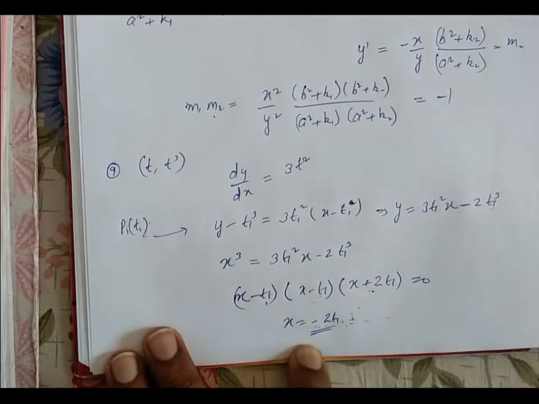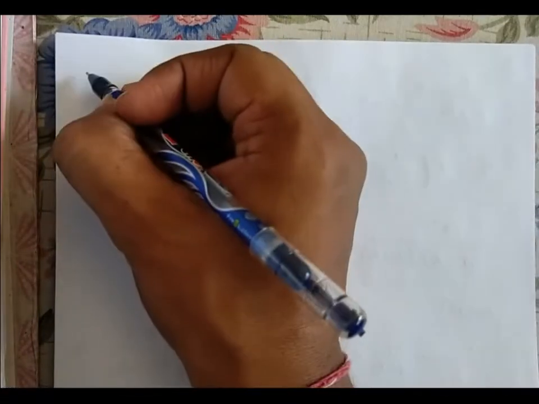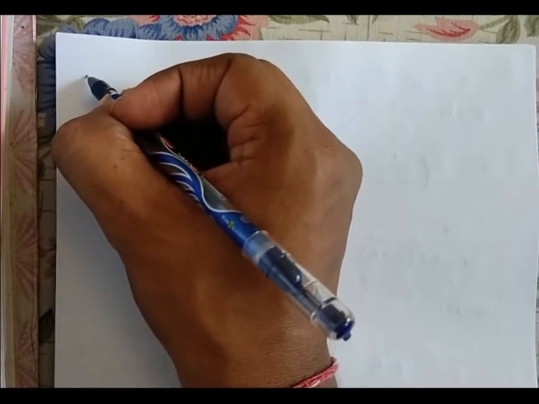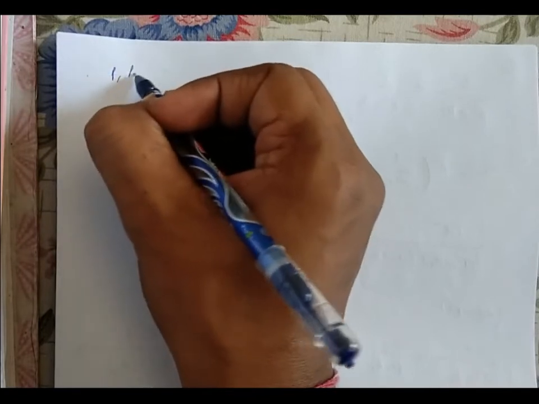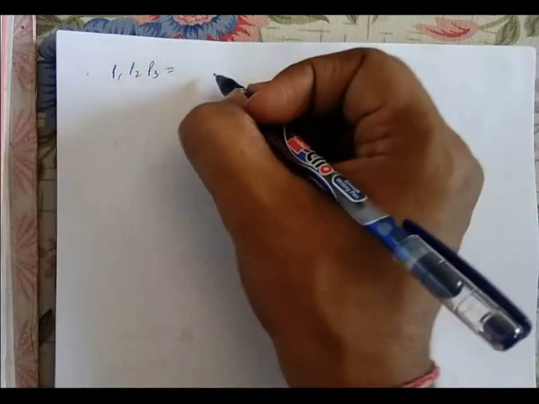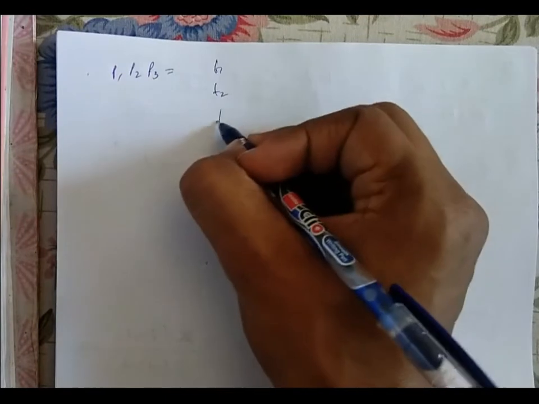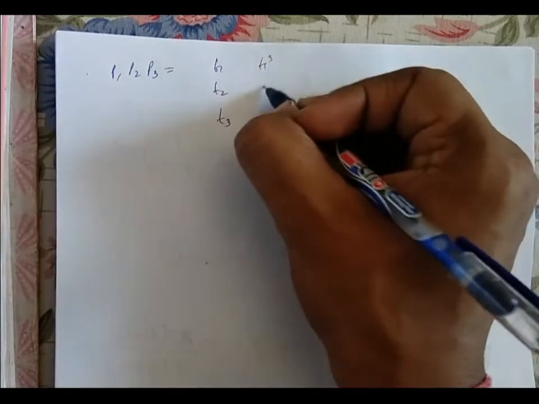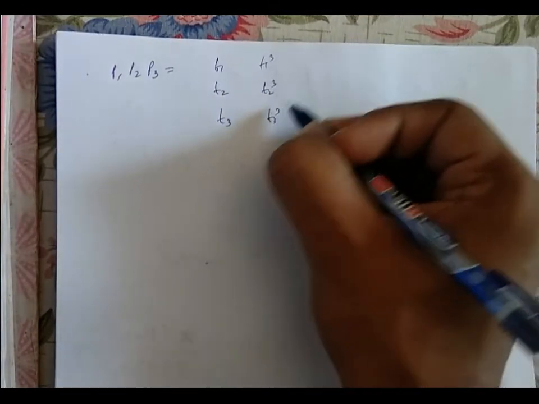Okay. Now what we need to do is calculate the ratio of the areas of the given triangles. So the area of P1, P2, P3 would be, with the half, the determinant with rows t1, t1 cube, 1; t2, t2 cube, 1; t3, t3 cube, 1.